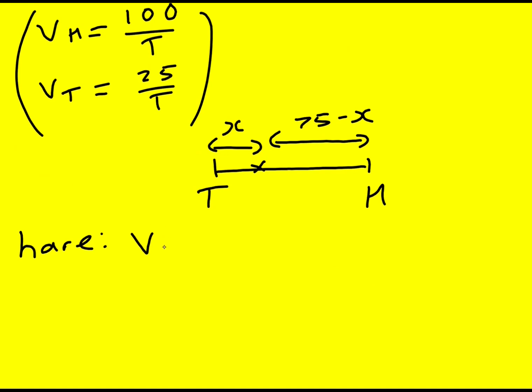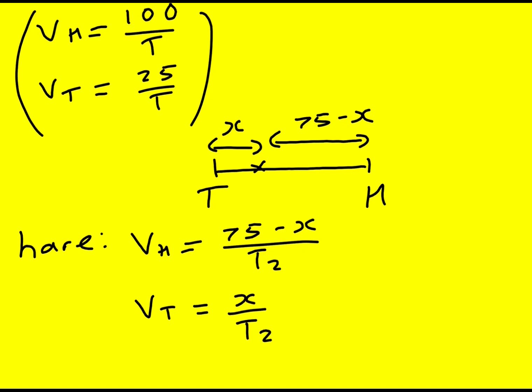So V for the hare is going to be the distance moved, 75 minus X, divided by the time taken. I call this T2 because it's not the same as T, it's the second time. And V for the tortoise is going to be X divided by T2. They don't have to travel as far.